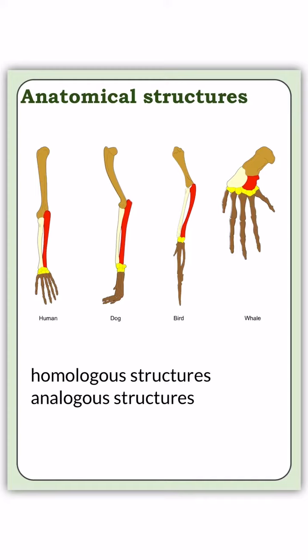So the forelimbs of mammals are considered homologous because all mammals show the same basic pattern. A single proximal bone joins a pair of more distal bones which connect to bones of the wrist, hand, and digits.